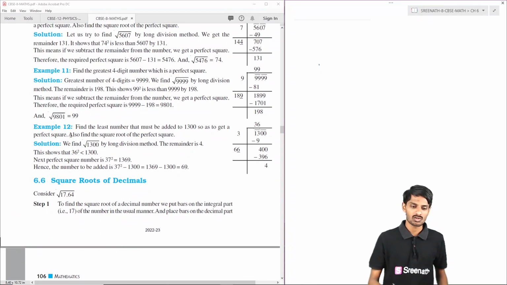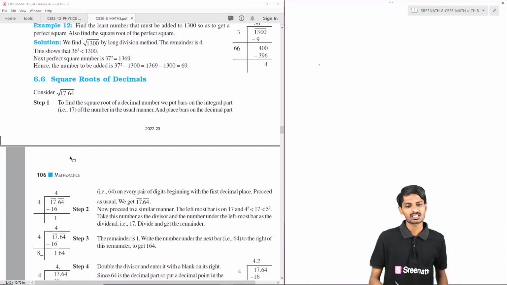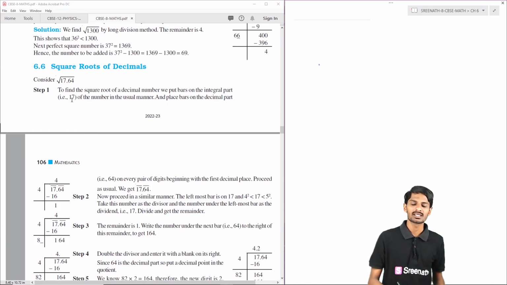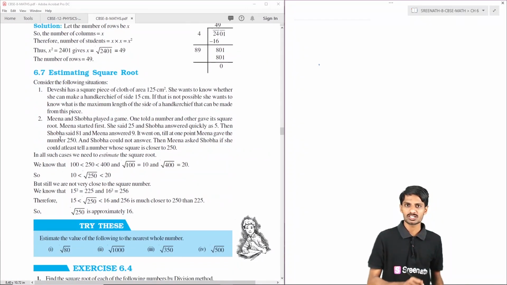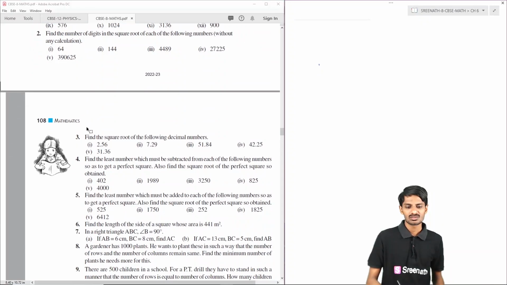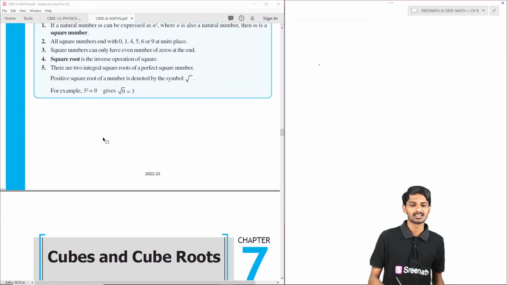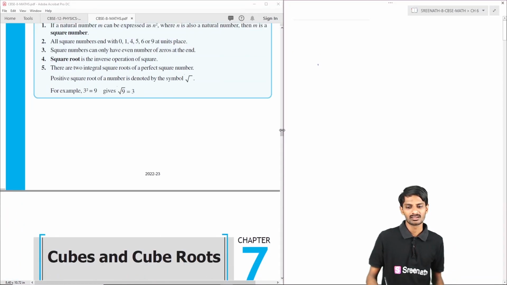And some examples. After that, square roots of decimals. We are going to learn about this also, how to find the square root of decimals, and how to estimate the square roots. So these are all the things we are going to learn, students.